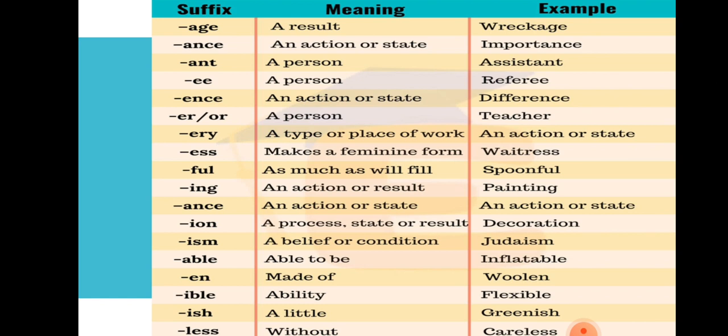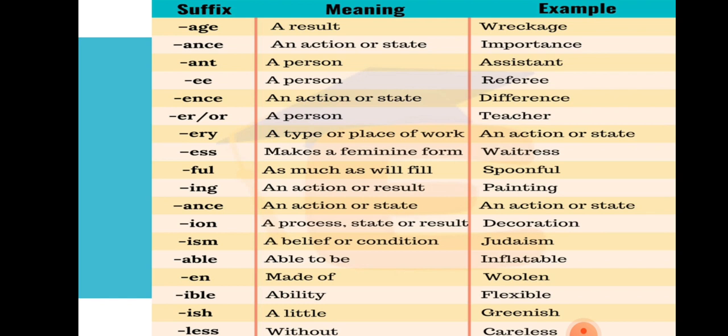Okay, so importance. ant means it refers to a person. ee also refers to a person. ence also refers to an action or state. Okay, and er or or refers to a person. ery refers to the action or state. ess refers to a feminine form or a female.